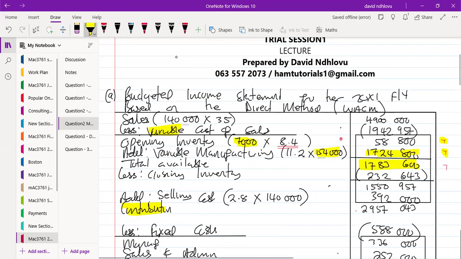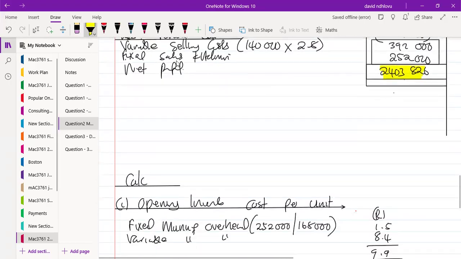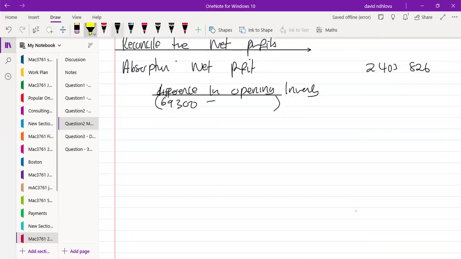So now we then have a figure of 58,800. So that's our opening inventory value. Right, so that therefore, when we say 69,300 minus 58,800, then we are going to have 10,500.